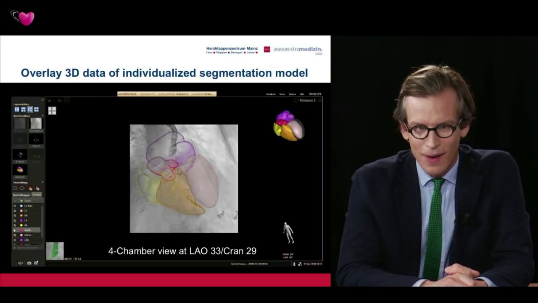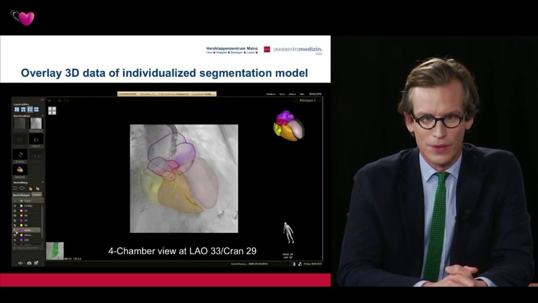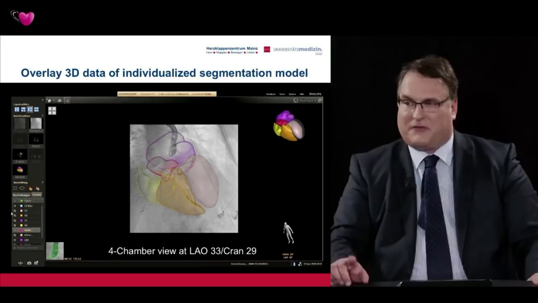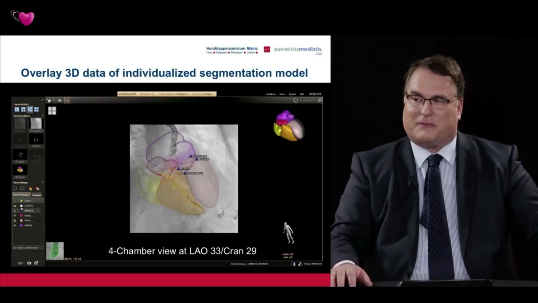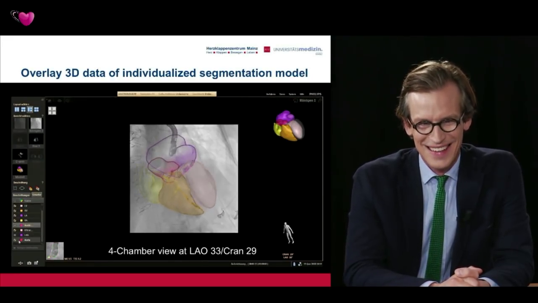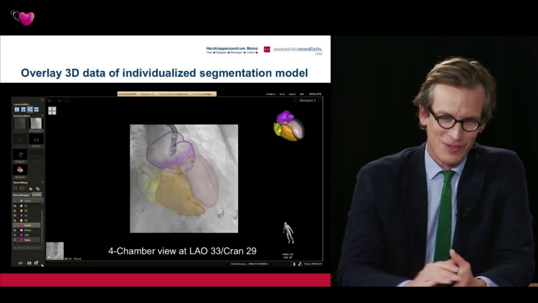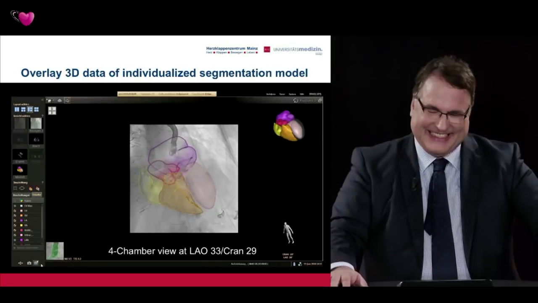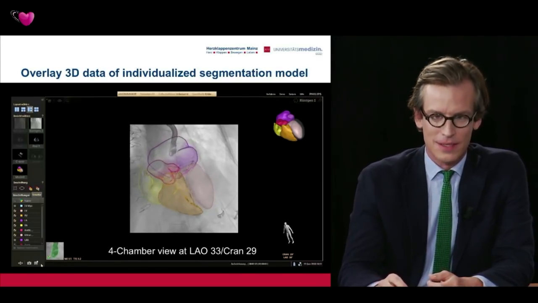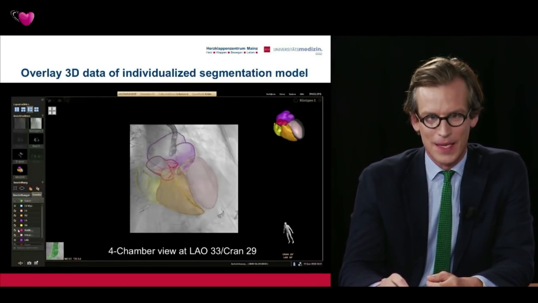Here we're showing you a 4-chamber view, and that is actually an LAO cranial projection. So this was the highest vote we had for the 3-chamber view, so it's a 4-chamber view, correct. The estimations are close. Yeah, 4 is kind of close to 3, that's correct. But you can appreciate all 4 chambers plus the aorta.